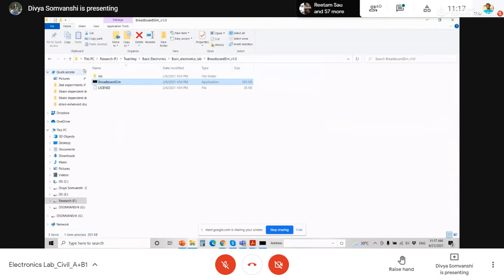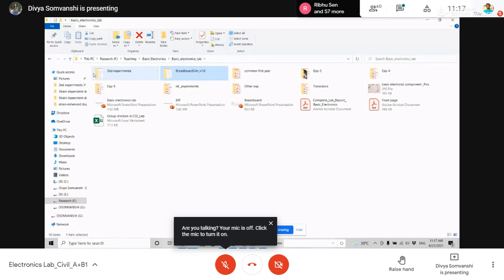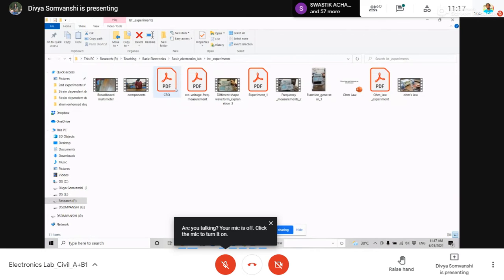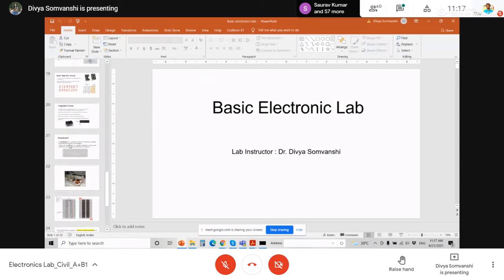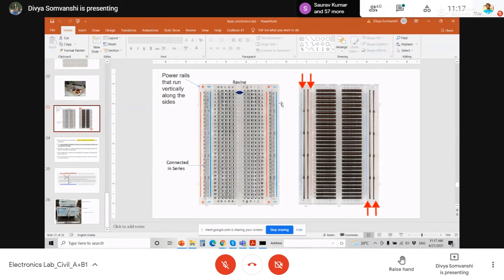If you don't remember, they are vertically connected, but I'm just going to remind you so that you remember. If you see the back of this breadboard, all the holes in the middle are vertically connected, and all the holes here are horizontally connected. So we already have this information.